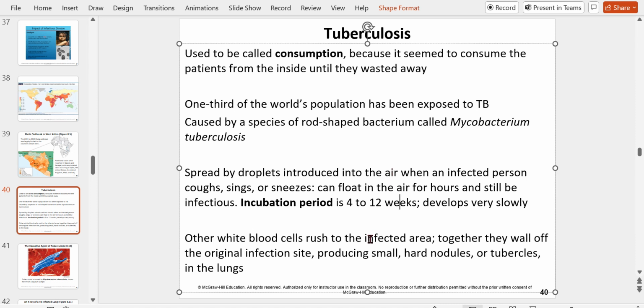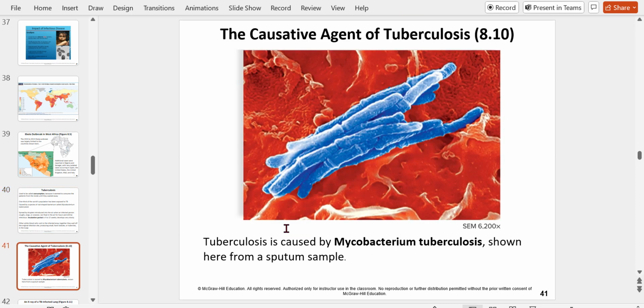Other white blood cells rush to the infected area together. They wall off the original infection site, producing small, hard nodules or tubercles in the lungs that are detectable by x-ray. The causative agent of tuberculosis, Mycobacterium tuberculosis, is shown here with a sputum sample.